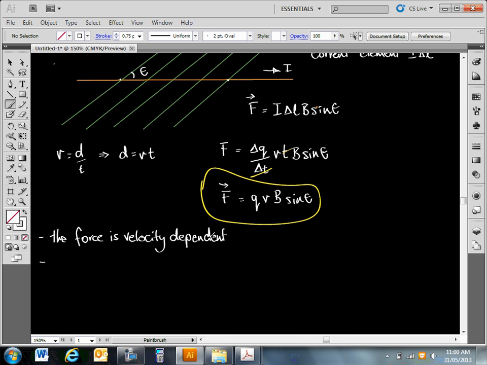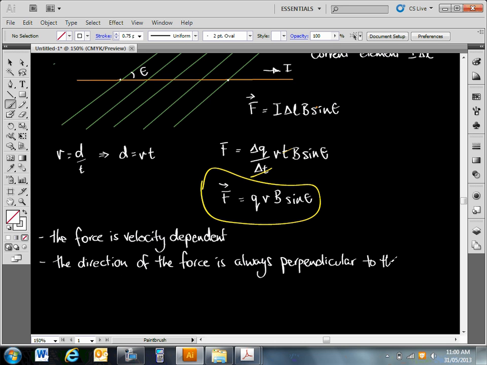And the direction of the force is always perpendicular to the velocity.